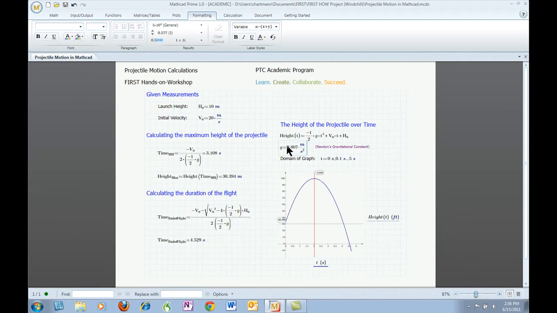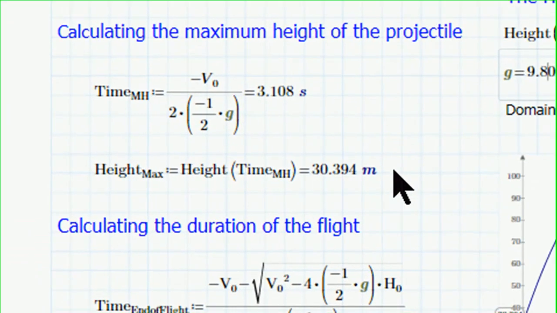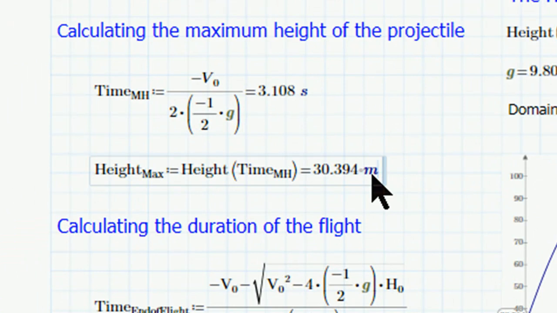MathCAD allows you to attach units to quantities, and it performs unit conversions automatically. For example, currently I have the maximum height reported in meters. If I want to see that height in feet, all I need to do is delete the unit meters and attach the units feet, and MathCAD will convert the result automatically.